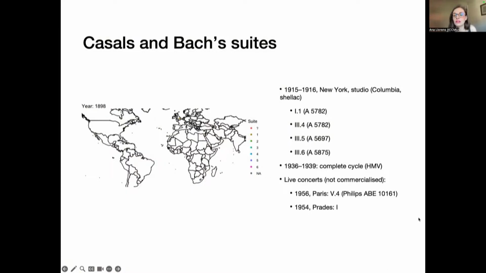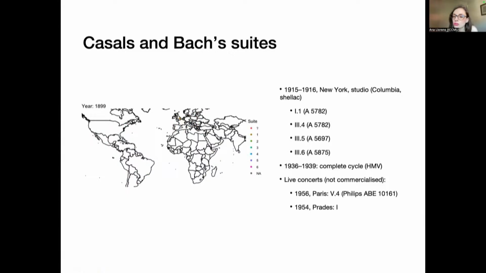Casals didn't just interpret these works, he lived with them. He discovered them as a teenager in a second-hand music shop in Barcelona. He annotated his first copy with blue pencil and kept it with him for the rest of his life. Before the suites became standard cello repertoire, Casals had already begun performing and recording them, often against the advice of peers who dismissed them as studies or curiosities.